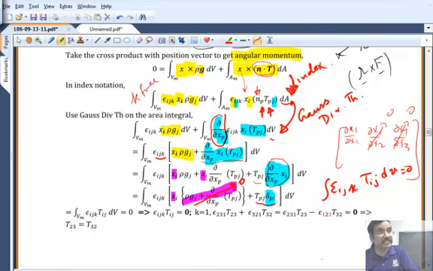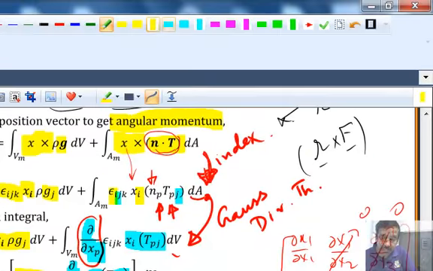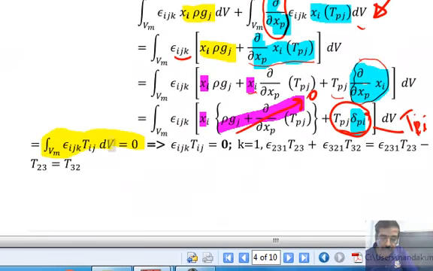Only when p is equal to i, I'll get a non-zero term. So I can replace this entire thing by tij, because p is equal to i. So that is eventually what you end up with as a consequence of the angular momentum balance equation applied under local static condition.